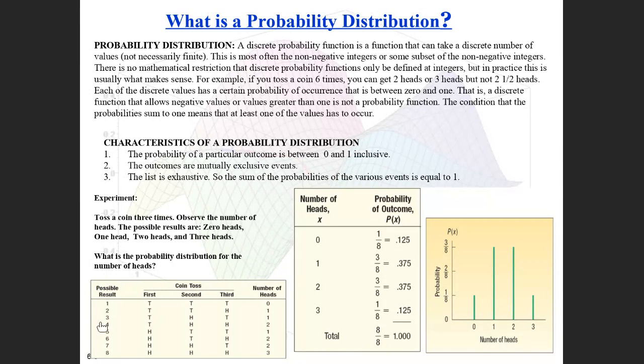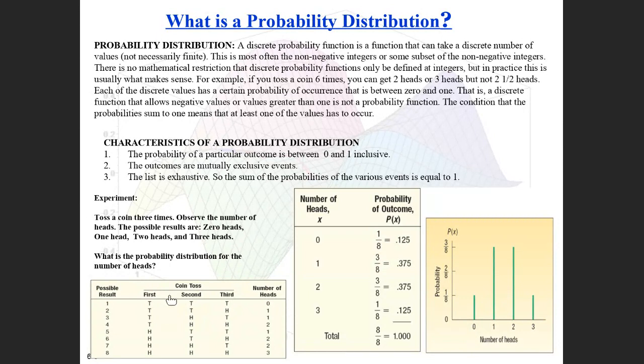So here's your possible results. Toss a coin 3 times, there are 8 possible outcomes, and here's the coin toss, first, second, third. The first is tails, tails, tails, and the number of heads is 0. Okay, 0 heads. There's 3 tails. It's really important for you to understand how to read tables.